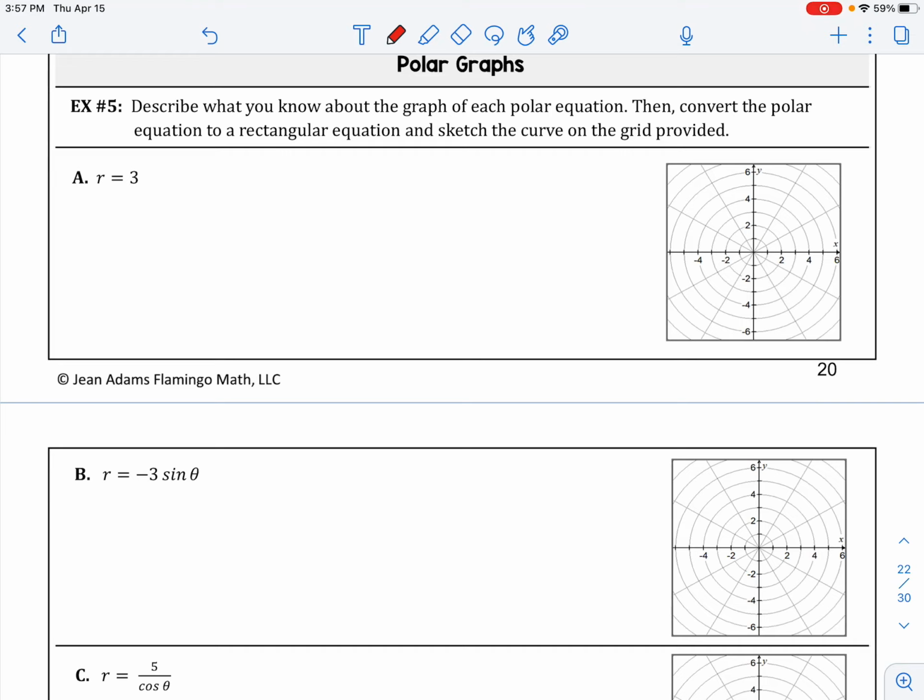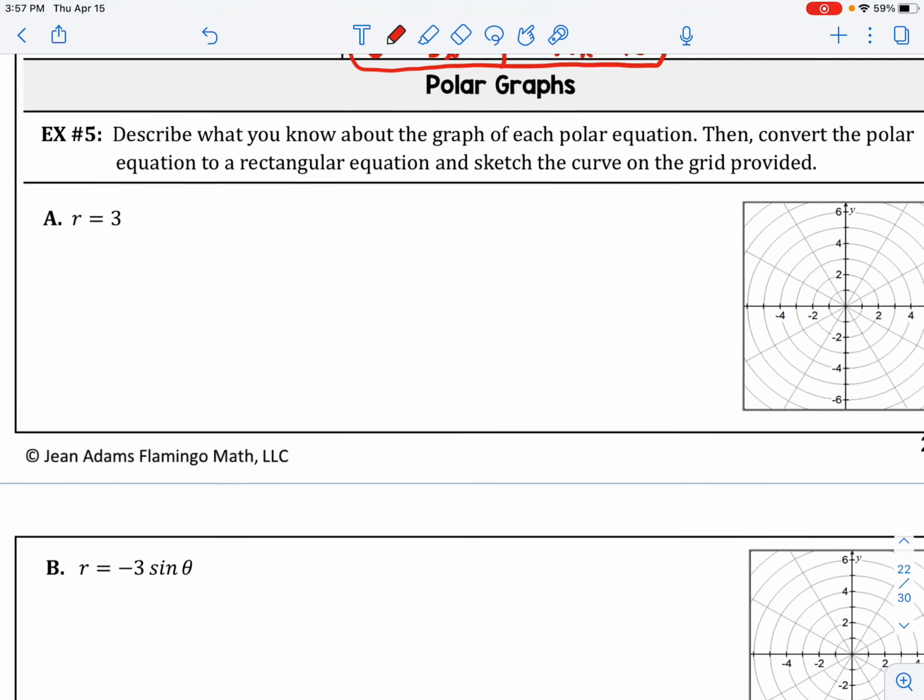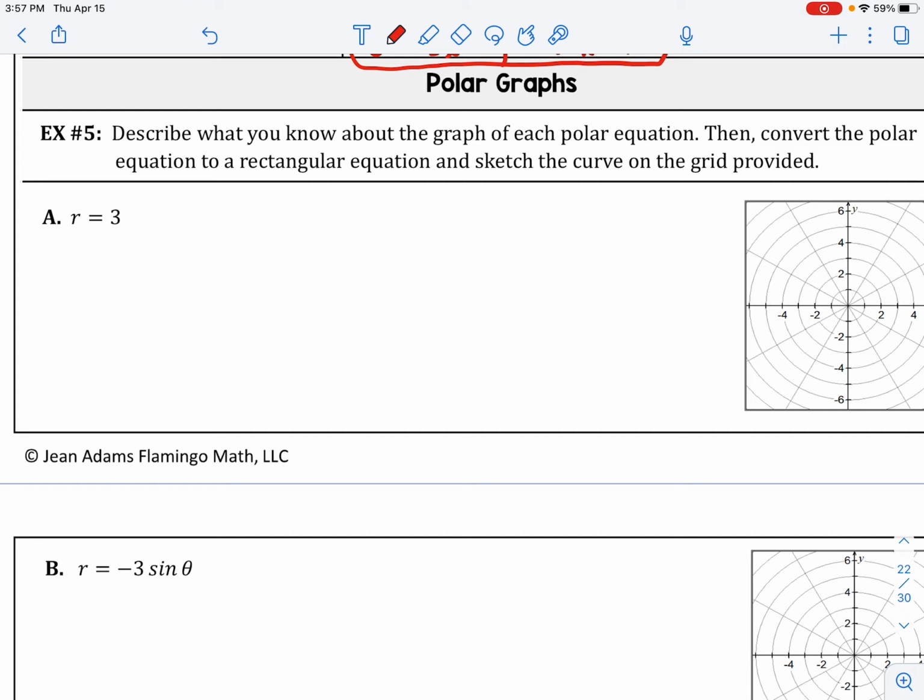Example number 5, describe what you know about the graph of each polar equation. Then convert the polar equation to a rectangular equation and sketch the curve on the grid provided. So, what do I know about r equals 3? Well, I know that r is the square root of x squared plus y squared, and so that equals 3.